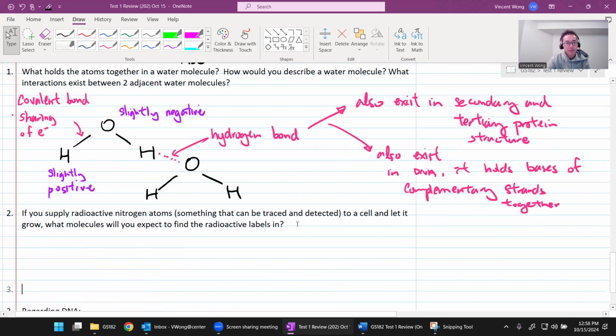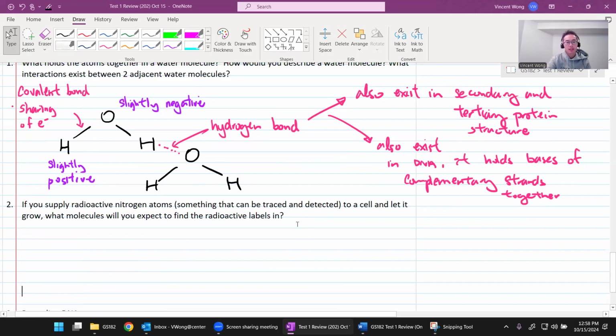Okay, next. If you supply radioactive nitrogen atoms, which is something that you can trace and detect, to a cell and let it grow, what molecules will you expect to find the radioactive labels in?